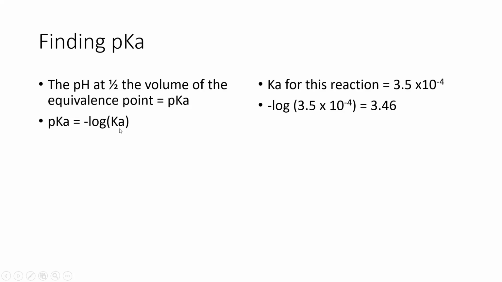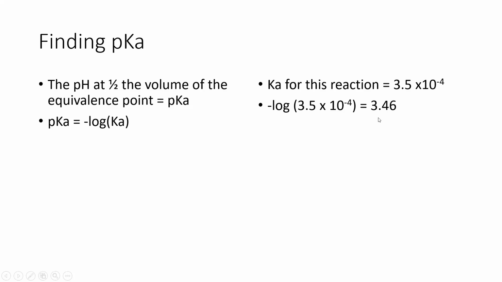And what is the Ka? That's the equilibrium constant. For this reaction, way back at the beginning when we started talking about HF being in equilibrium, we said that Ka for this reaction was 3.5 times 10 to the minus 4. If we take the negative log of 3.5 times 10 to the minus 4, we get 3.46, or about 3.5.